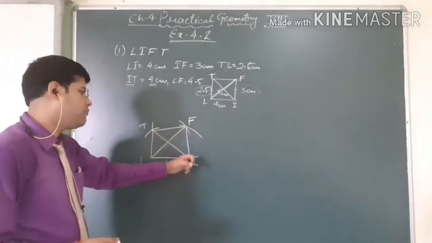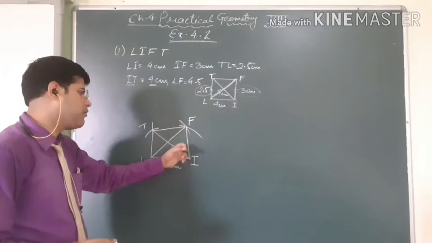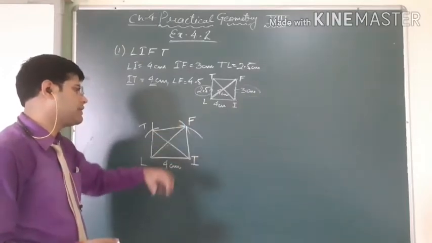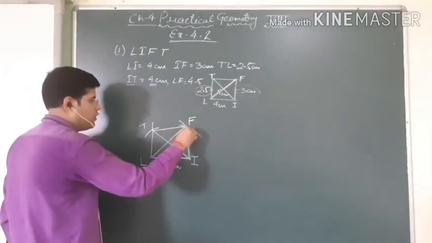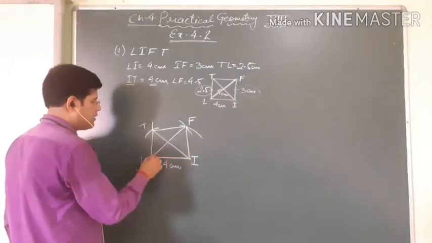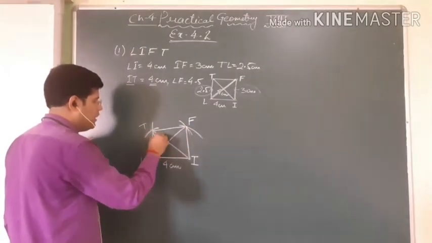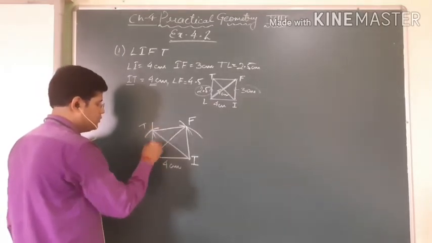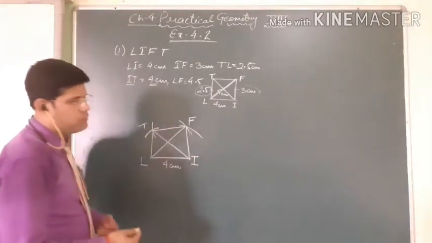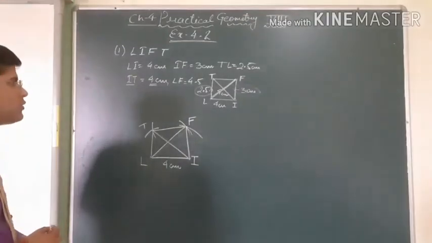And from point I, make an arc of 3 cm, both intersect at point F. Now from the point L, make another arc of 2.5. From the point I, make an arc of 4, which intersects at point T. Join them. If we join all the portions, we get that quadrilateral.